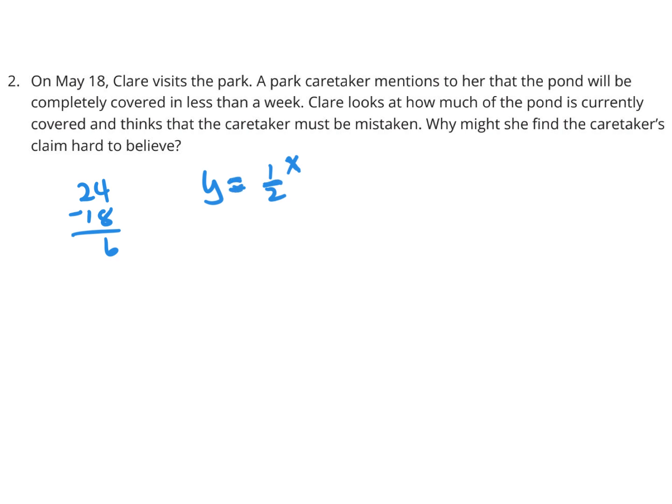So we're going to decay back to day 0. And so our x is 6 now. So when x equals 6, what does y equal? Y equals 0.0156. This number represents the surface of the pond that the algae is covering right now, that small amount.